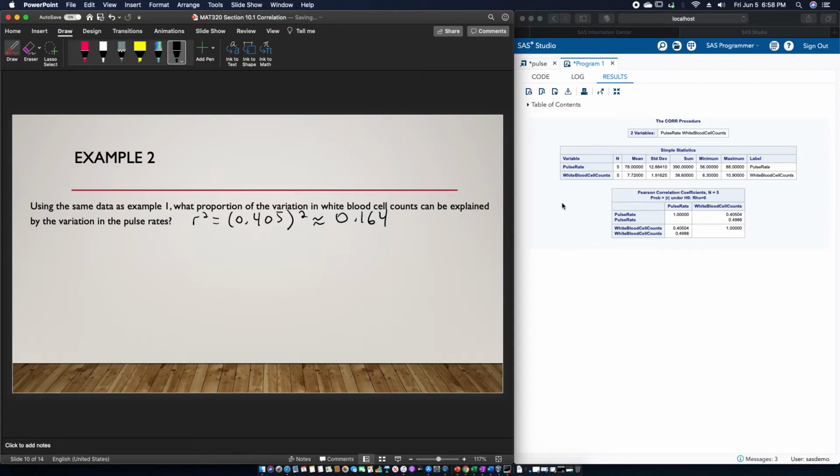But we could then interpret this. So we have an actual interpretation of what this value means.